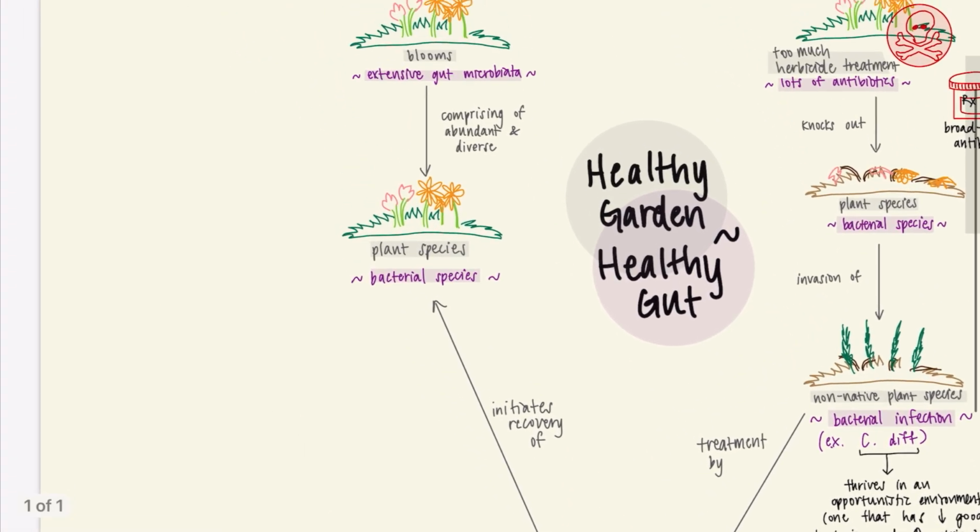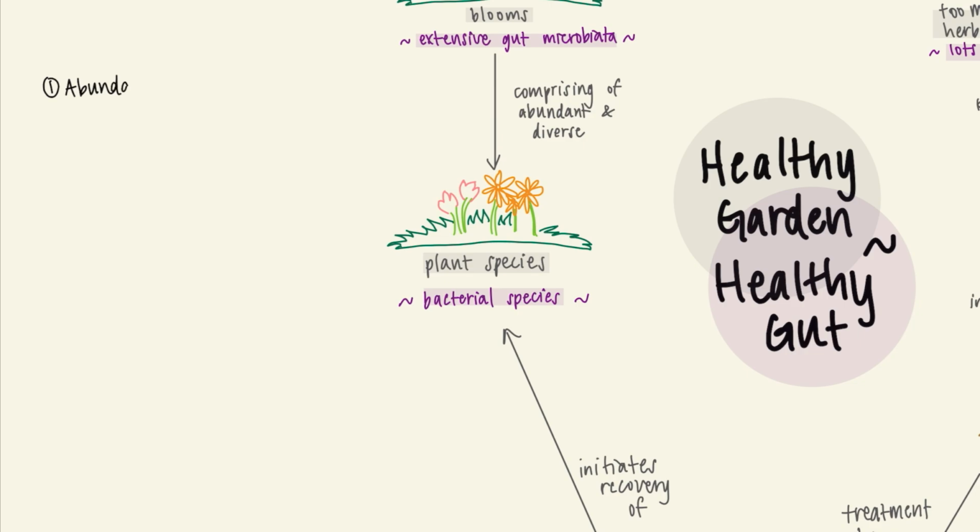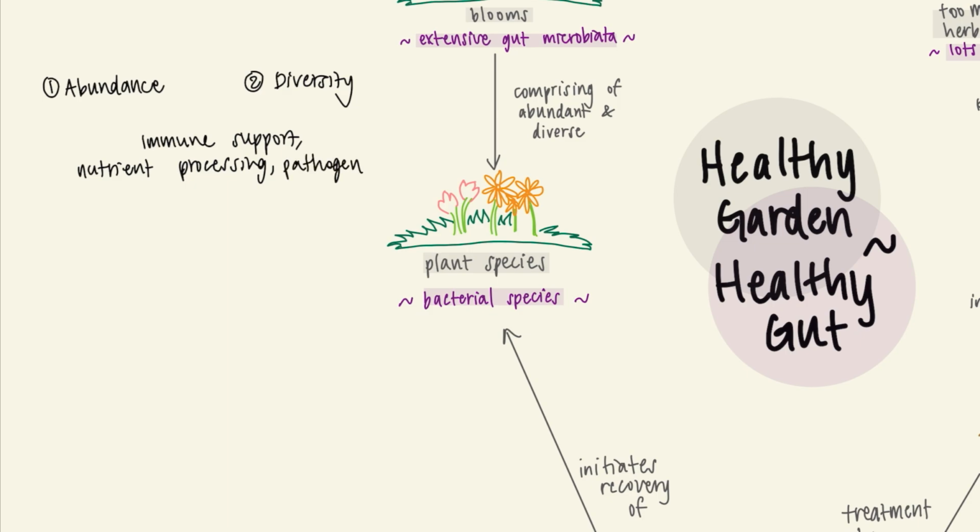Similar to a healthy flower garden with plentiful and assorted blooms, a healthy gut microbiome, marked by both species abundance and diversity, supports critical aspects of host health. Abundant microbial populations enhance nutrient processing, immune activation, pathogen resistance, and gut integrity through effective resource utilization and competitive exclusion.